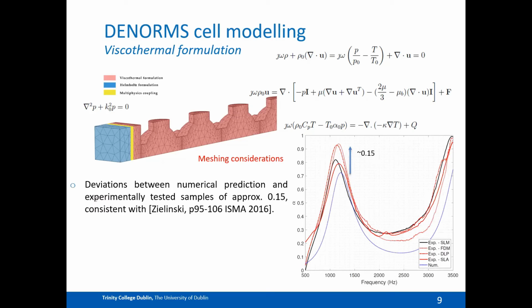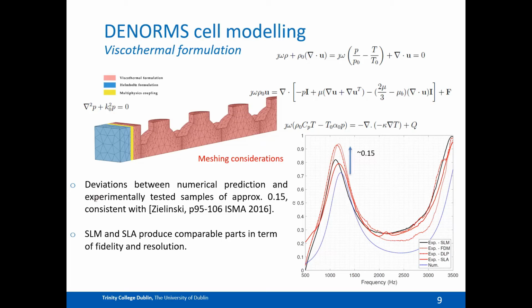The results obtained here are presented for a depth of 10 cells. The numerical model usually underestimates the losses in the system, because you're representing an idealized version, and depending on your printing technology, you have about a 0.15 amplitude difference between the absorption obtained through different technologies and the one predicted.